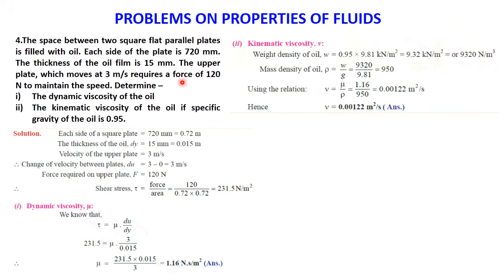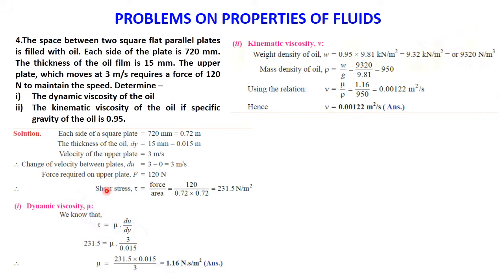Then the upper plate moves at 3 meters per second, requiring a force of 120 Newton to maintain the speed. So the value of u will be 3 meters per second, and there is no change of velocity given, so we write du is equal to 3 minus 0, so du and u are 3 meters per second.